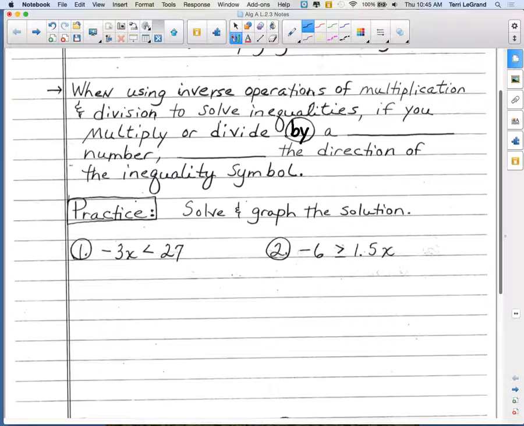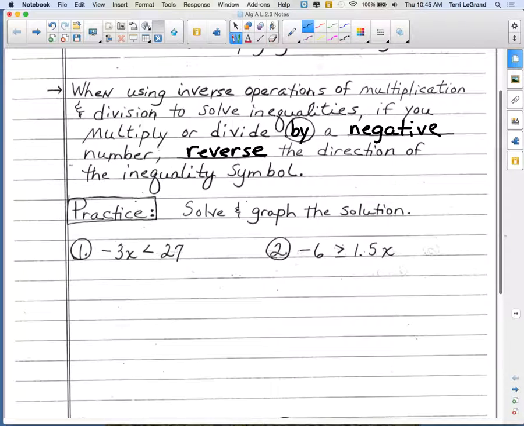Not what it's happening to. What are you doing it by? If you are multiplying or dividing by a negative number, you have to reverse the direction of the inequality symbol.